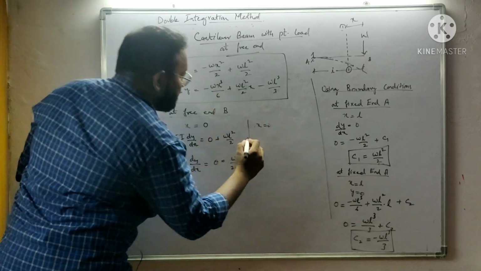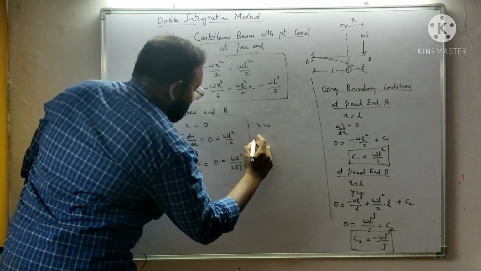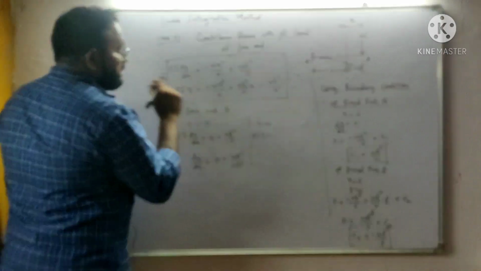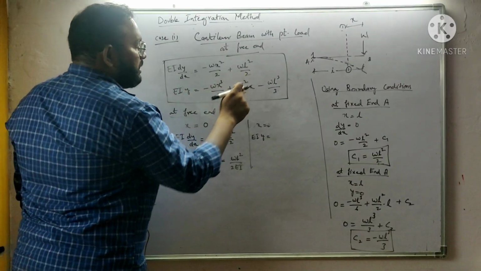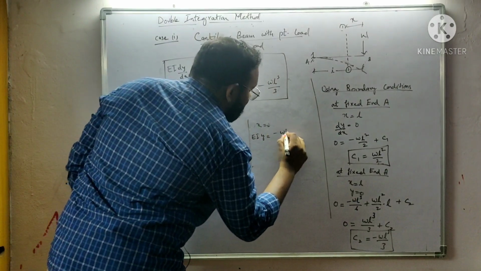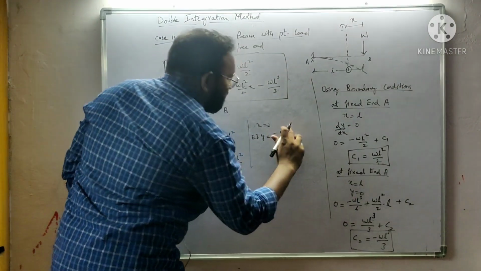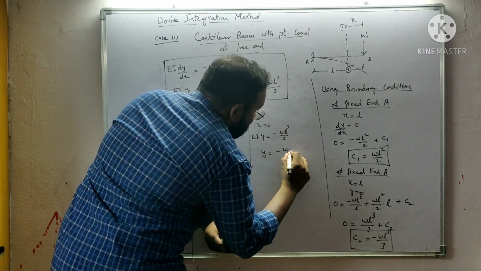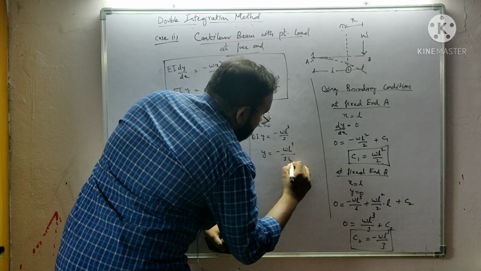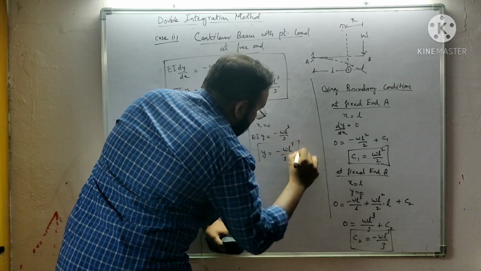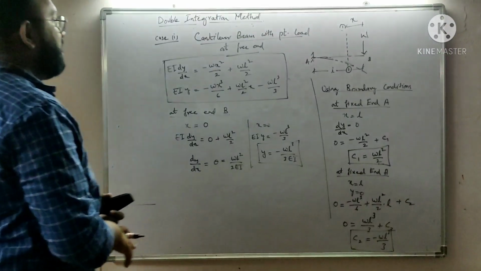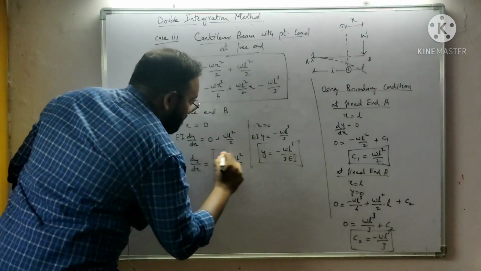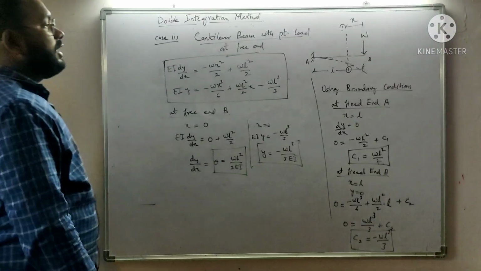Similarly, x equal to 0 in the second equation: EIy is equal to 0 plus 0 minus WL cube by 3. So y is equal to minus WL cube by 3EI. This is your maximum deflection at the free end.